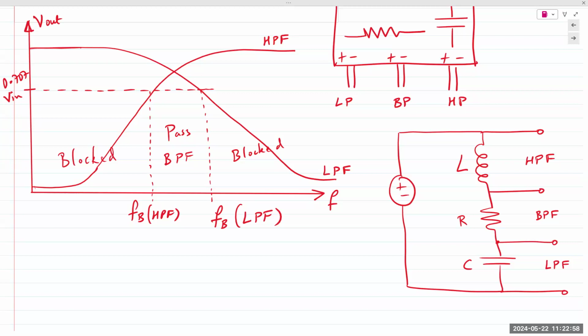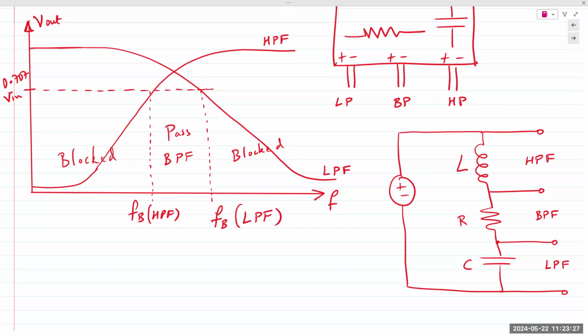Okay, so two filters in one circuit, a band of frequencies allowed to pass through the middle. If you have an inductor and a capacitor in the same circuit, RLC would give you a band pass filter. Now, when you have all three in one circuit, you have two energy storage devices, but both of them work the opposite.